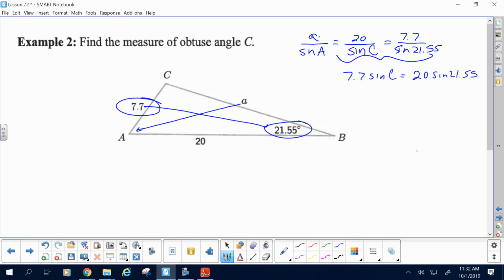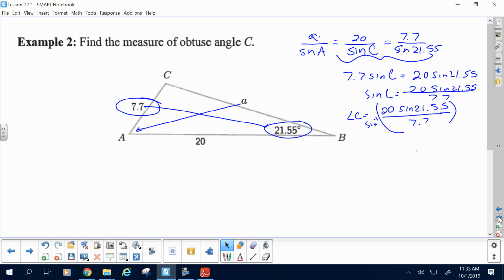So sine of big C is 20 sine of 21.55 divided by 7.7, and then how do I get rid of the sine? Inverse sine.